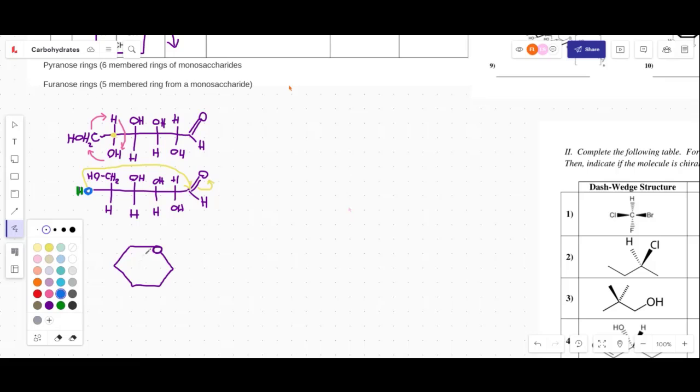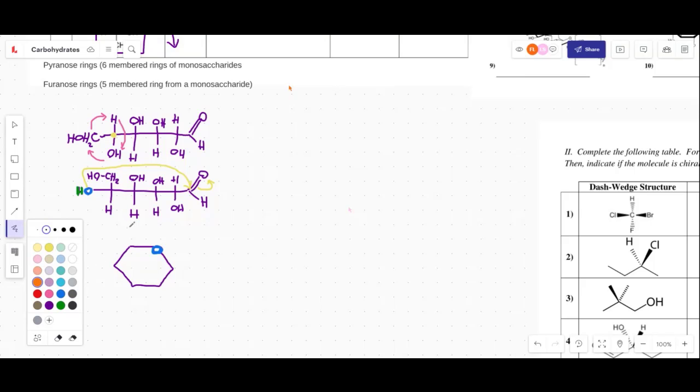That oxygen in the middle of the ring is that bluish purple one that attacked from the previous structure. Notice that it comes around and attacks from on top, and that's why it's there.